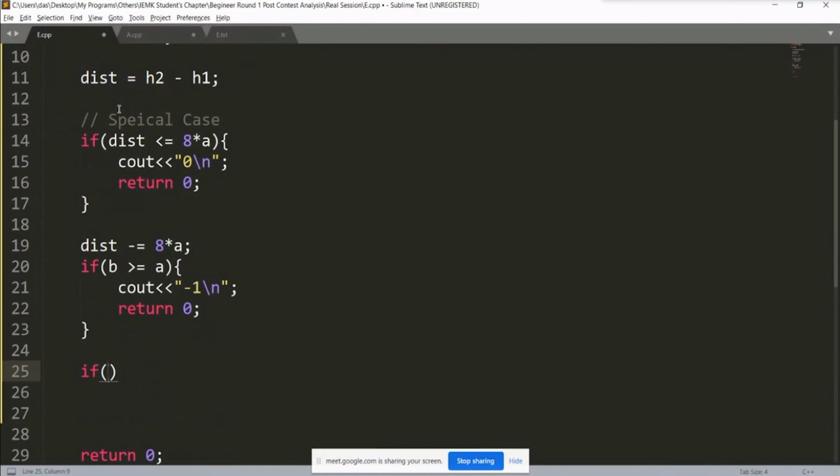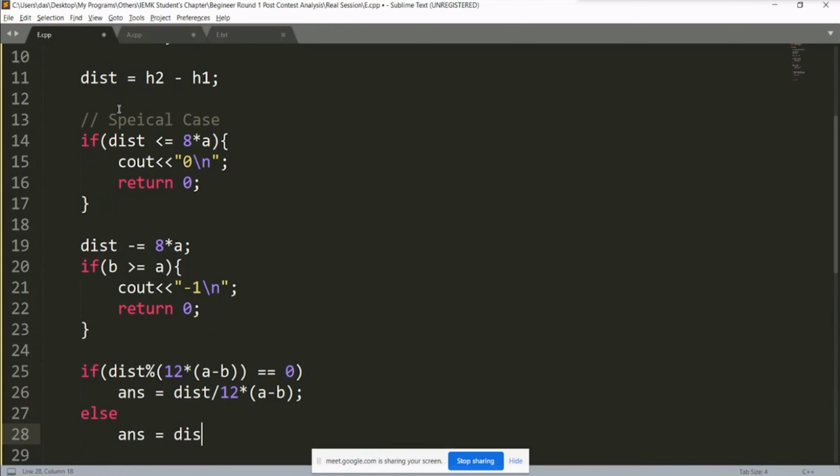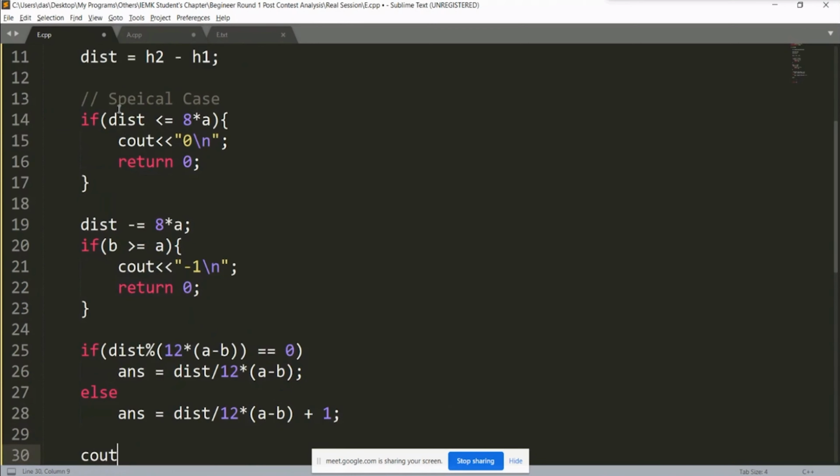So here also I'm going to do a similar thing, that if distance is divisible by 12 times of a minus b, then the answer is distance by 12a minus b. Else the answer is distance by 12a minus b plus 1. And then I simply output the answer.